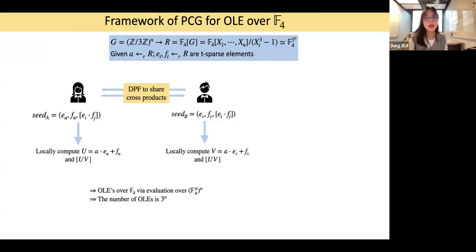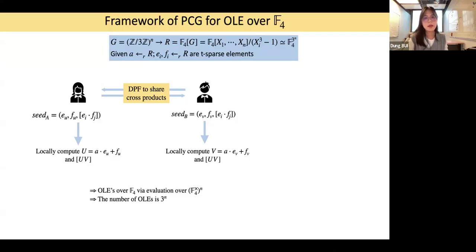So, the framework to get OLE over F4: the ring here, we choose the ring such that it is isomorphic with F_4^{3^n}. So we are working only over F4, with the ring isomorphic to F_4^{3^n}. It means that later we will get 3^n OLE correlations.